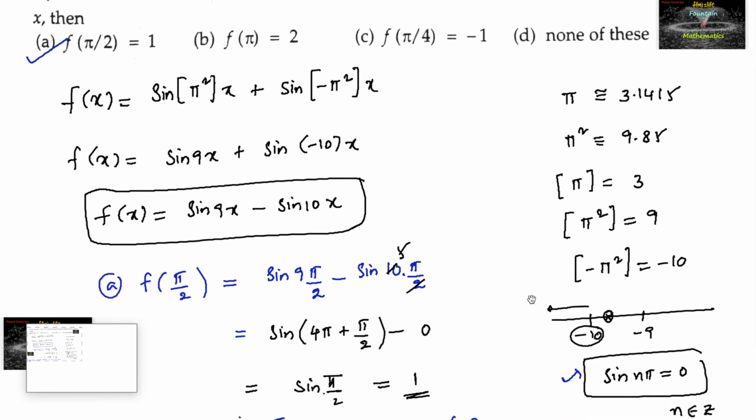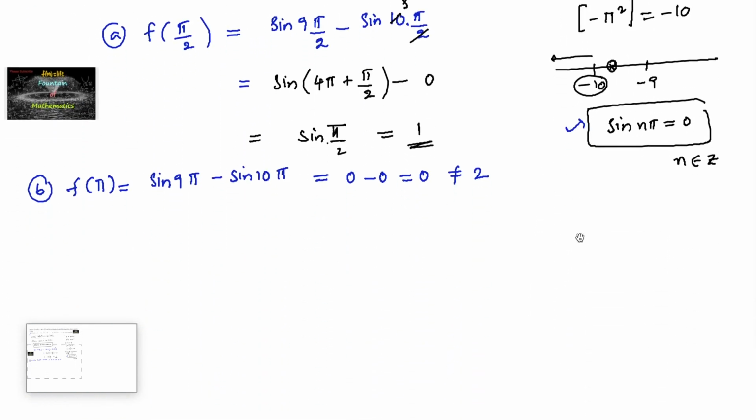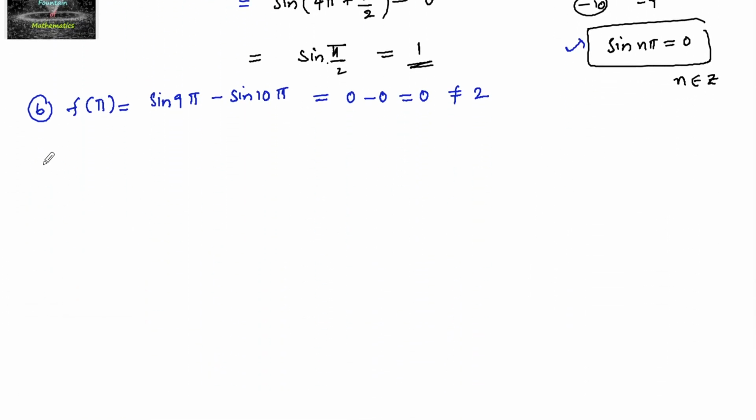And then the third option, f of pi by 4 is equal to negative 1. Let us check that. F of pi by 4 is equal to sine 9 times pi by 4 minus sine 10 times pi by 4.